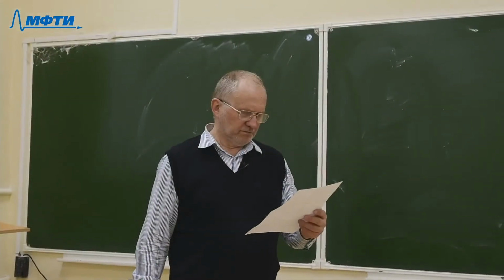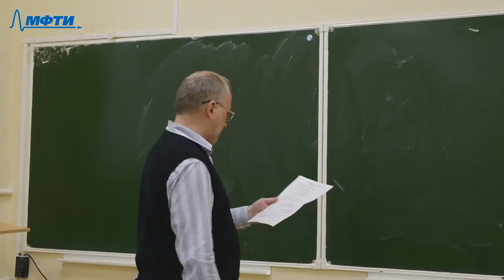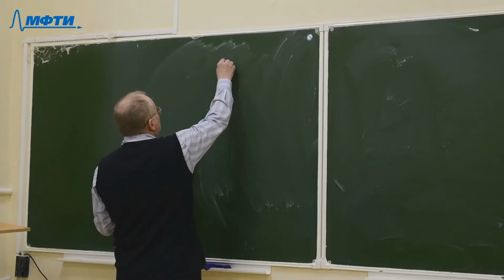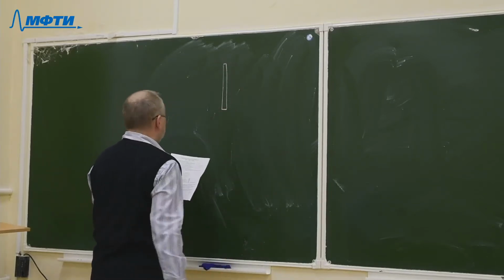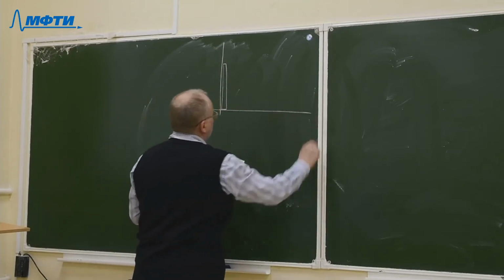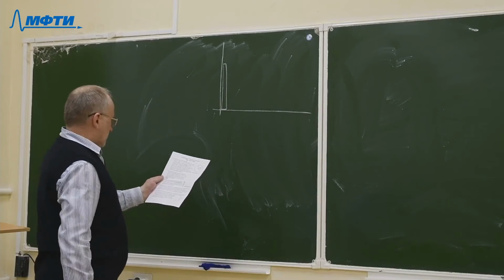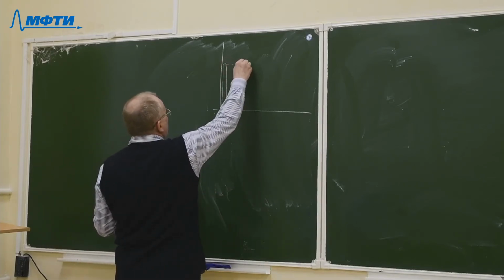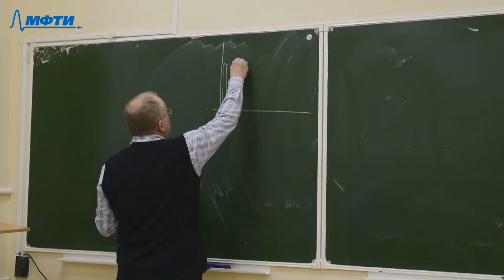So we continue with problem 3. A homogeneous rectangular plate standing near the wall in the corner starts falling without the initial velocity. It starts moving.